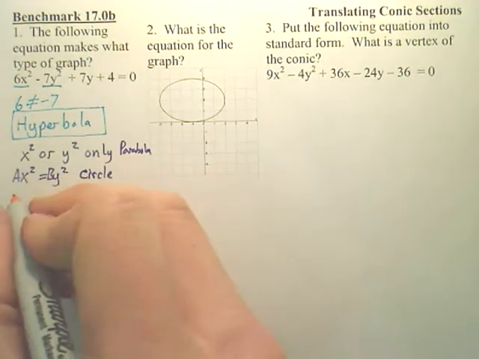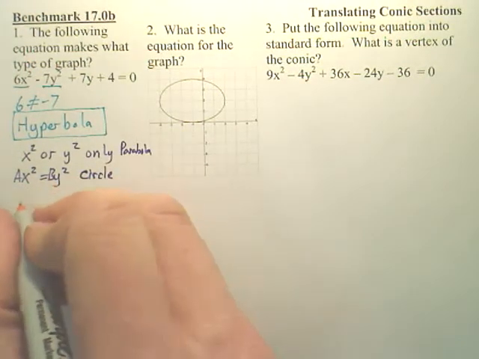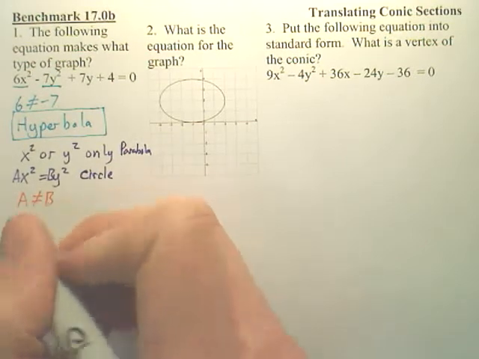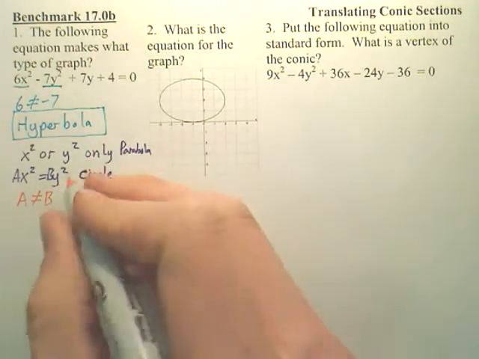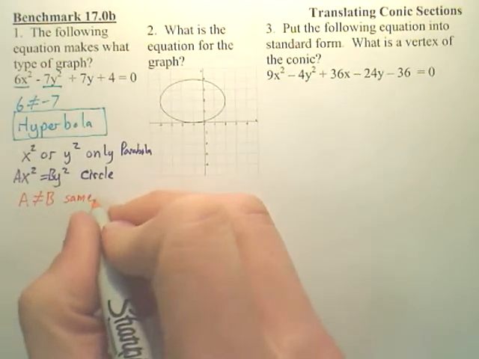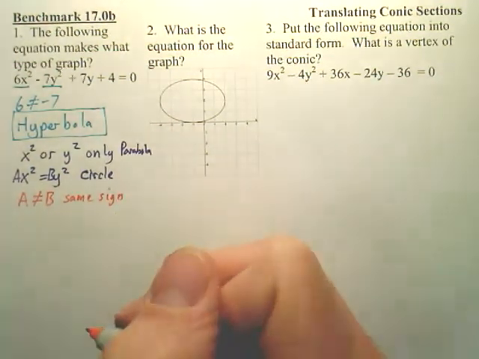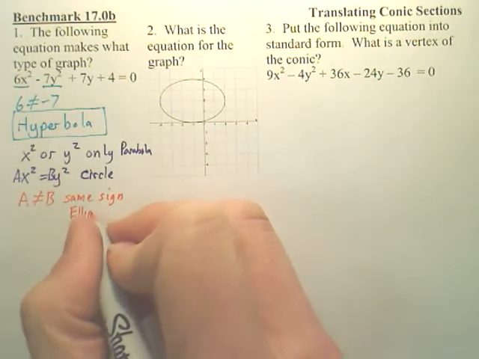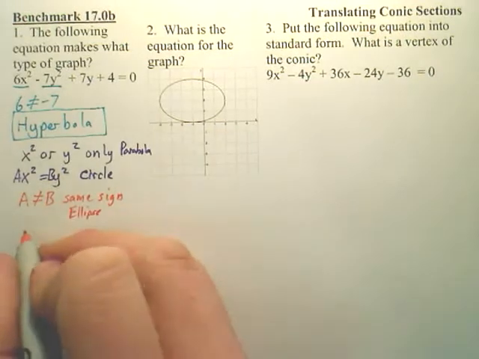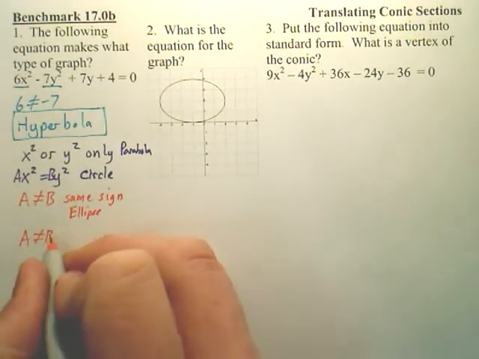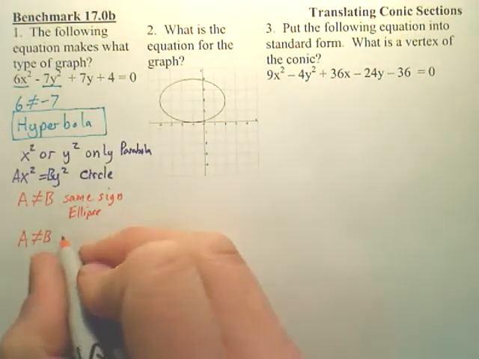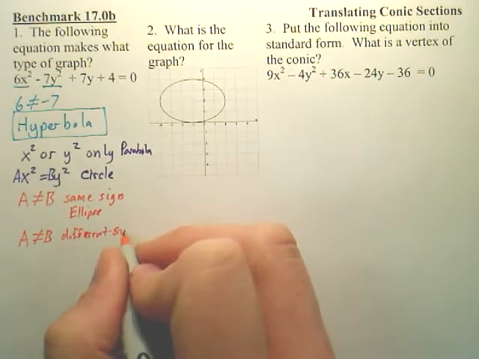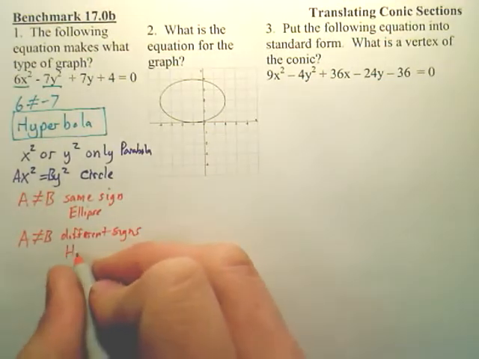Let's talk about a and b again. If a does not equal b, and they are the same sign, meaning both positive or both negative, it is an ellipse. If a does not equal b, but you have different signs, then it is a hyperbola.